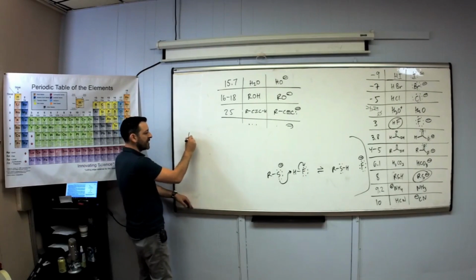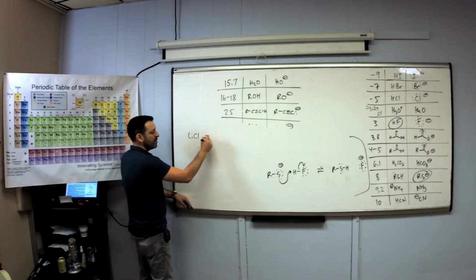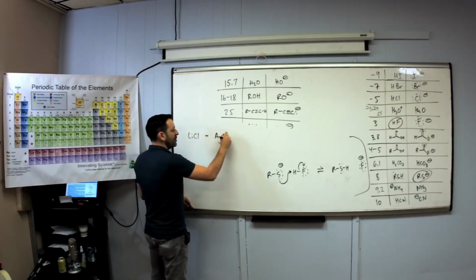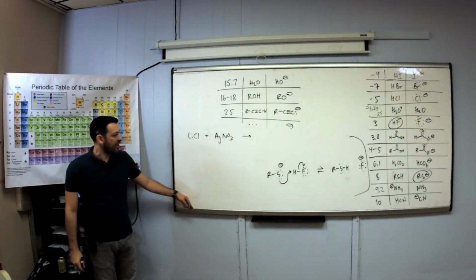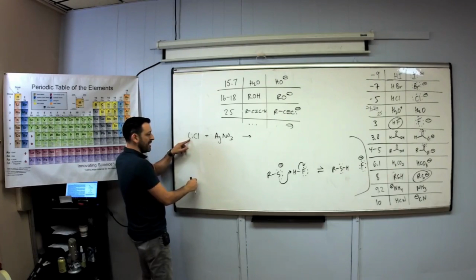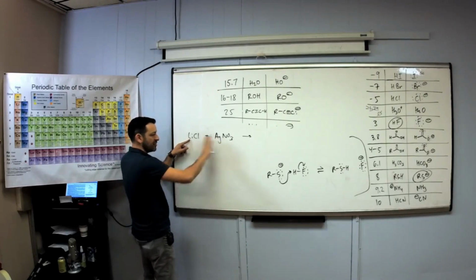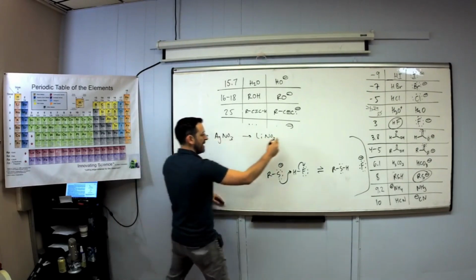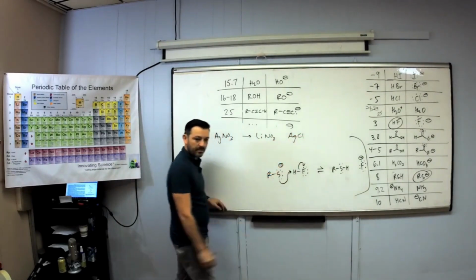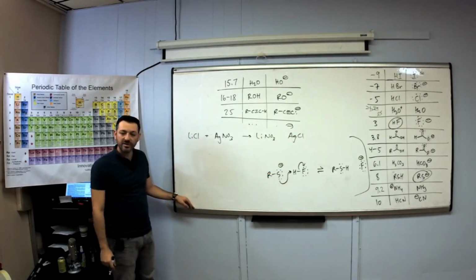Do you remember if you had something like LiCl plus AgNO3, and they said, complete this reaction and tell me if it occurs? So you would switch partners, metal, nonmetal, metal, nonmetal. So you would write LiNO3, and you would write AgCl. And then you'd look up a solubility table to see whether it occurred.